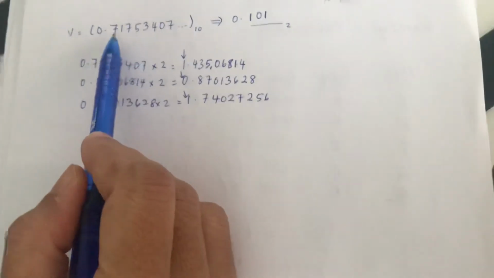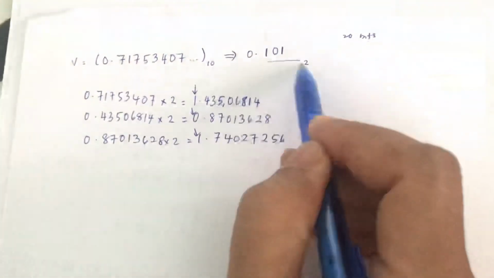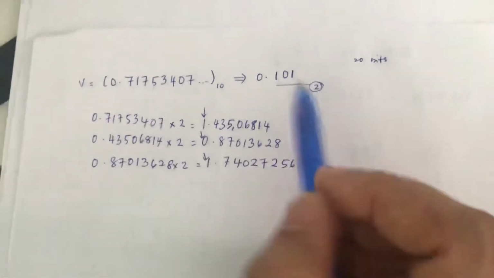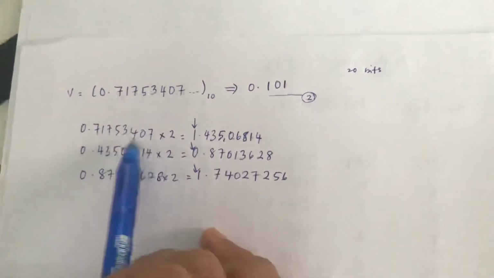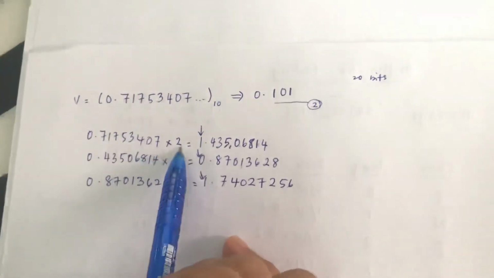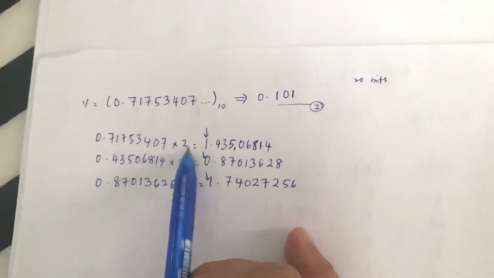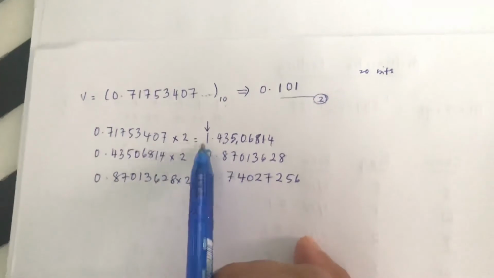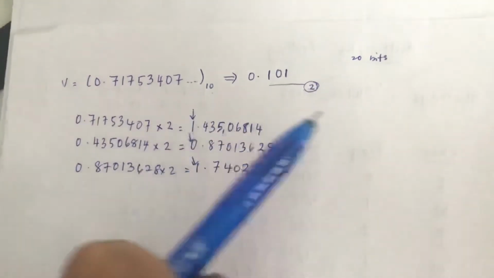So for example, you take this number, and you have to transform it into binary. So you take this decimal number multiplied by 2, since you are transforming into binary. So you will get 1.43814.